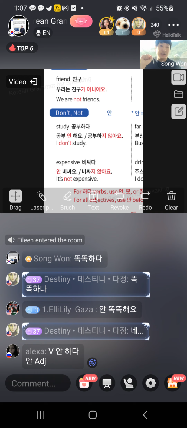Let me make this straight. So put this 안, which means not or don't, right before the verb. And for adjective, right before the adjective. So 공부하다, any of these 하다 words, we want to think that 하다 is the verb part.